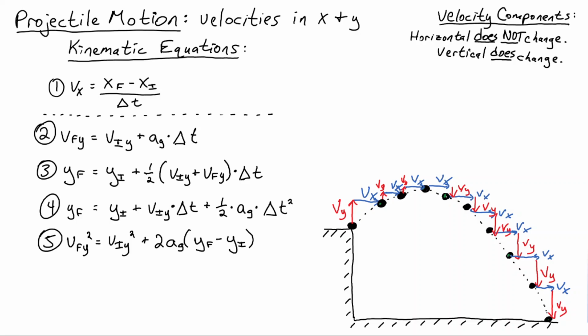Okay, so now that we have our kinematic equations that we'll be using for projectile motion, say we have an example looking like this. What are some quantities that we could pull out of this problem right here? I'm just going to start to do some erasing over here.